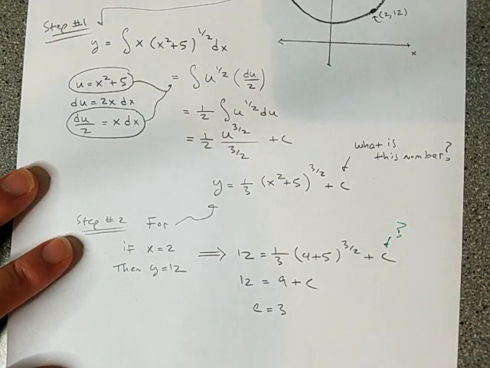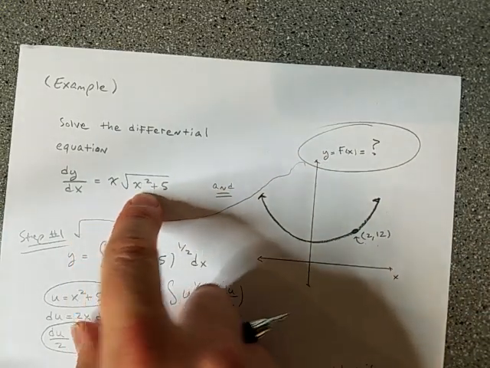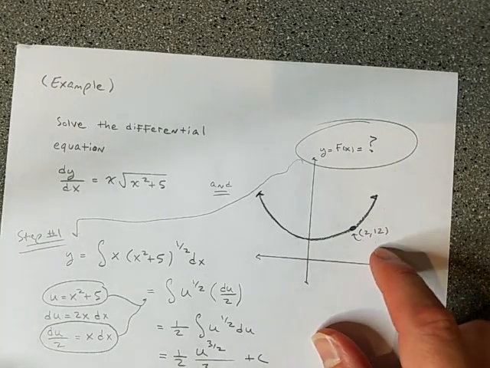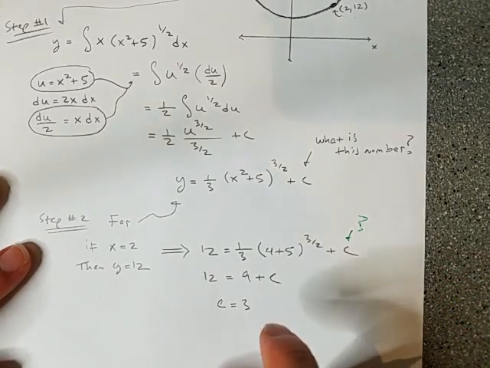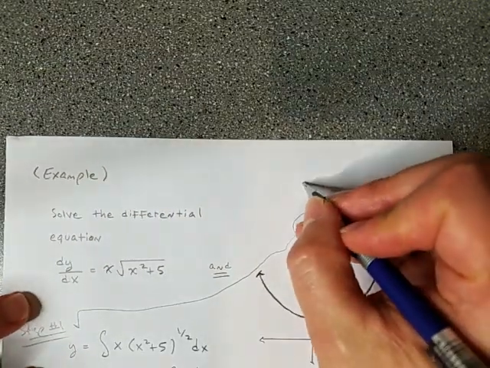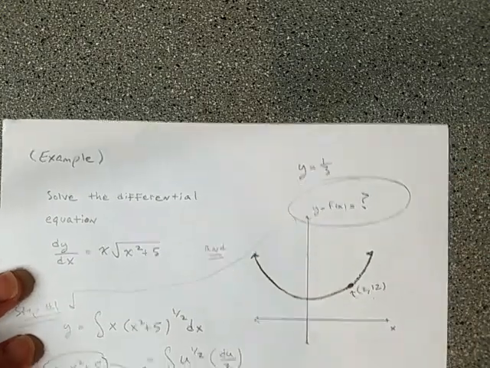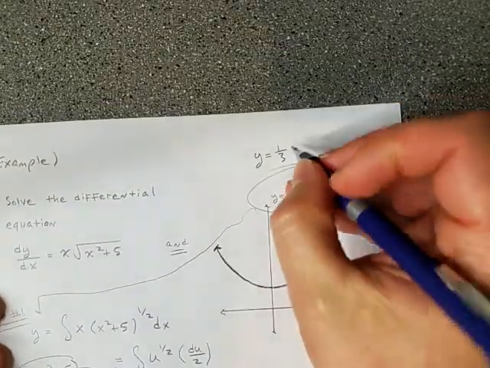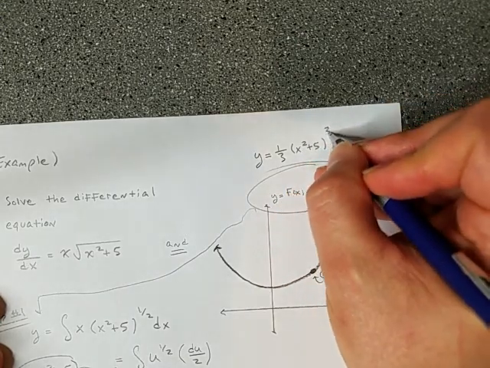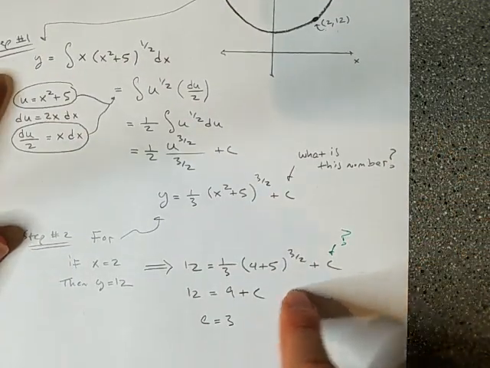So our answer, the function that has this derivative and also is such that when you put 2 for x, you get 12 for y, is this with 3 right there. So let's write our answer up here. y is equal to 1/3 (x squared plus 5) to the power 3 over 2 plus, what did we find c to be? 3.